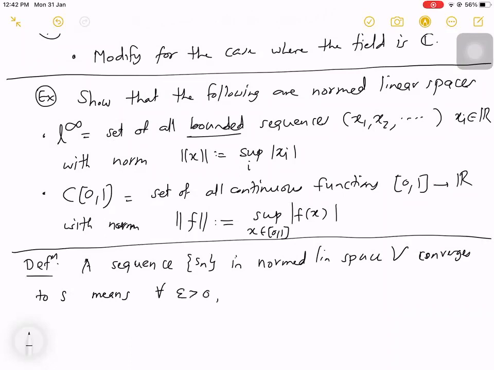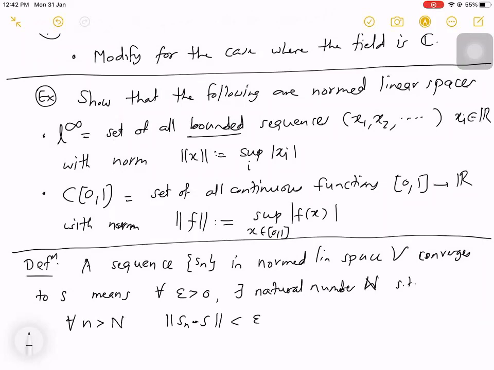for all epsilon greater than 0, there exists some natural number capital N such that beyond this point in the sequence you have bounded the error by epsilon, such that for all n greater than N, the norm of s_n minus s is less than epsilon.